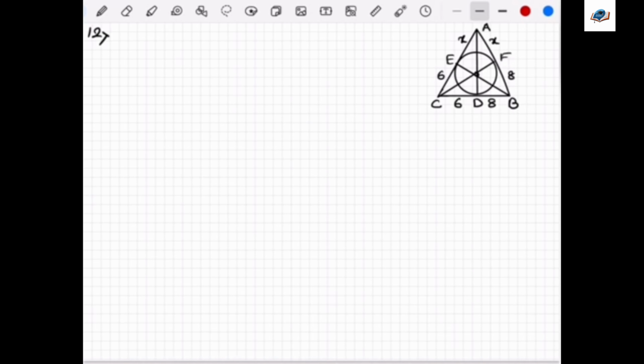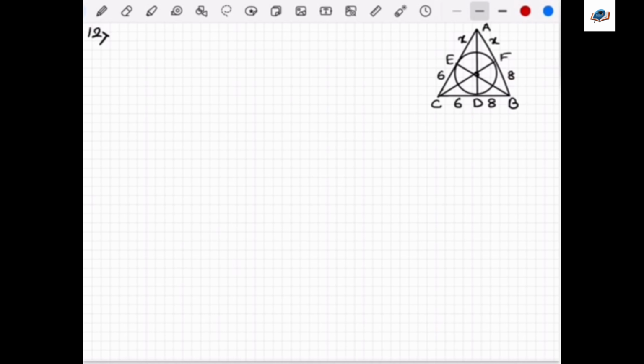So now I can use two formulas separately. One I will be using is Heron's formula, which we have studied in 9th standard, and the other is the area of a triangle. So here A, B, C are the sides of the triangle and S will be equal to A plus B plus C whole upon 2.